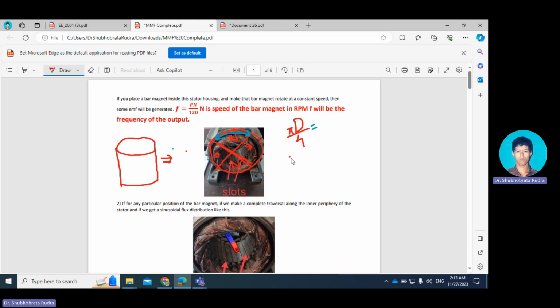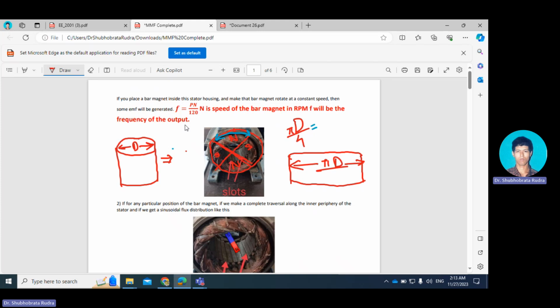After surface development, it will look like this. This entire length will be how much? Pi d, because d is the diameter of my bore. So pi d is the total length.